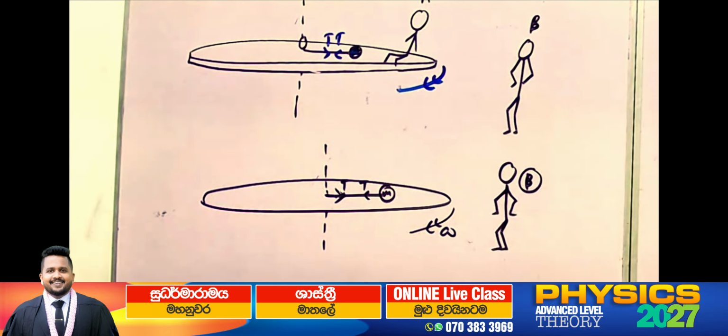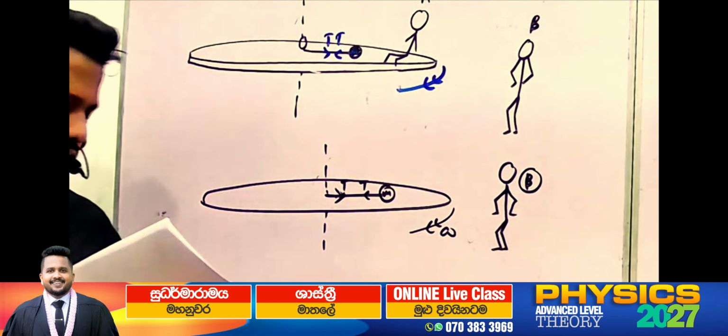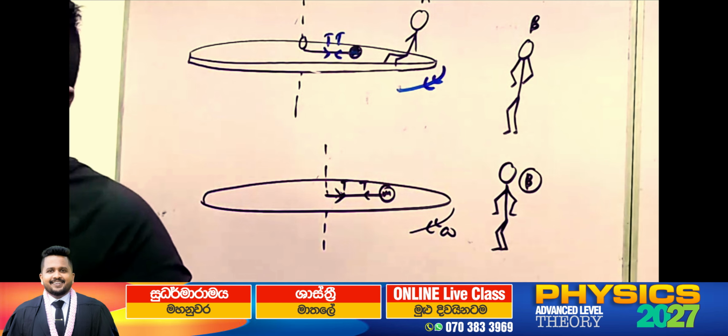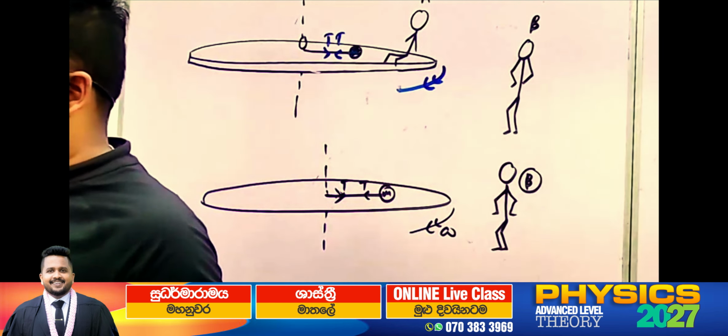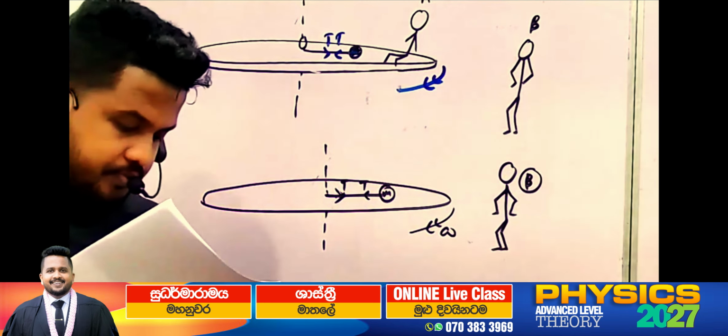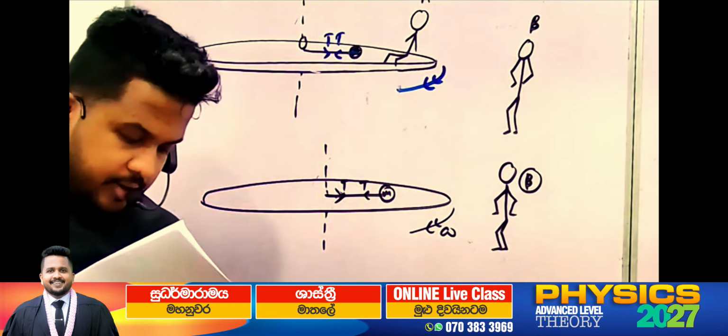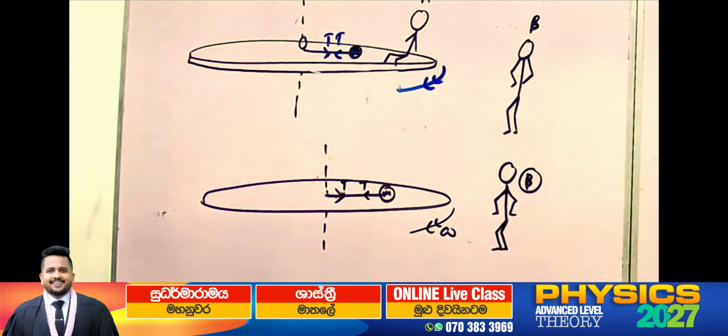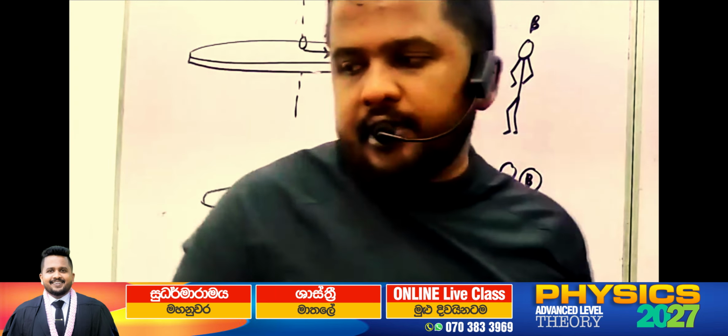Right. Then when the observer is on the table, in brackets capital A, the mass is seen to be at rest. Why?